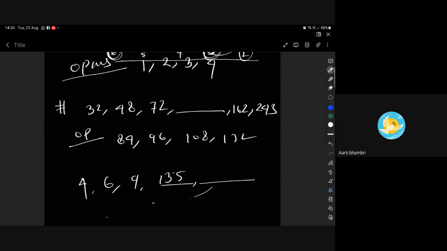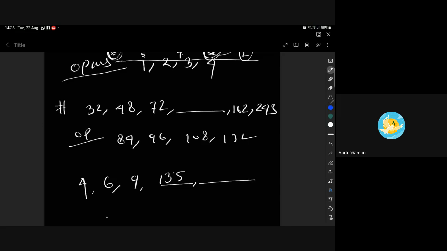Here, this is not a series of addition. It is 2, it is 3, then it is again 4.5. So it is not a series of addition. It is a series of multiplication, because 4 to 6, then 6 to 9.